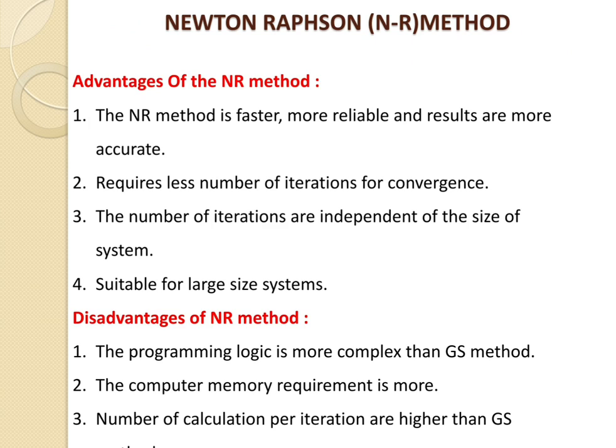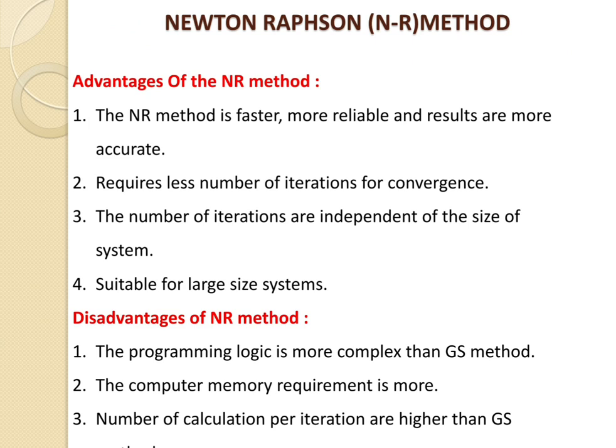Now we will go for the disadvantages of the NR method. The programming logic is more complex than the GS method. The computer memory requirement is more, and the number of calculations per iteration is higher than the GS method.